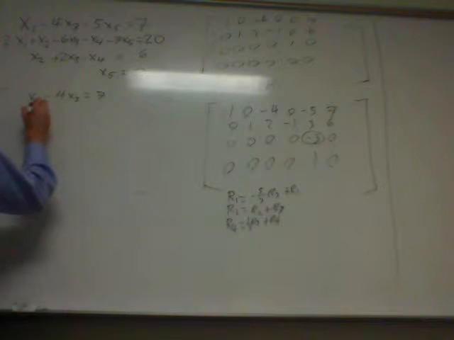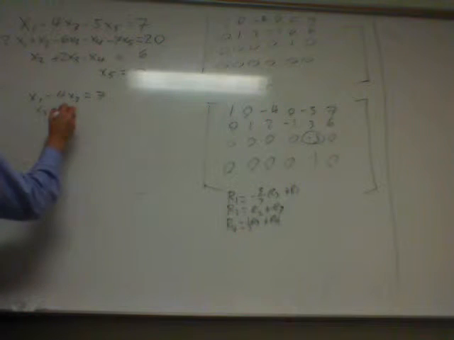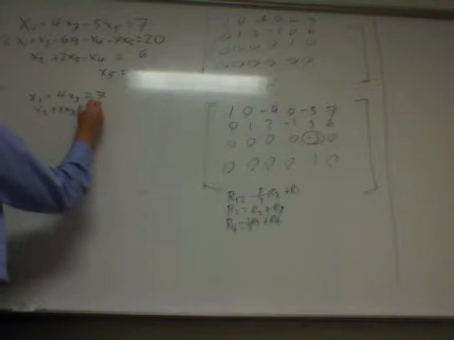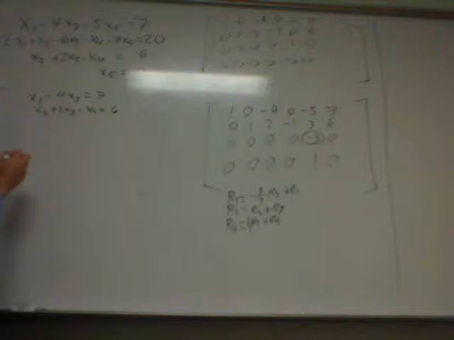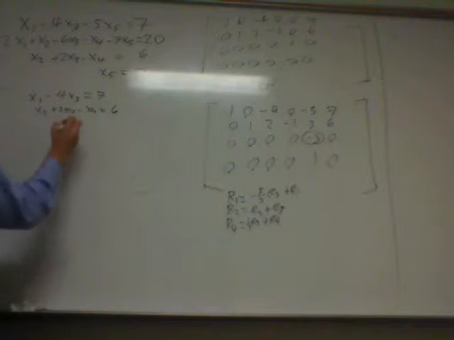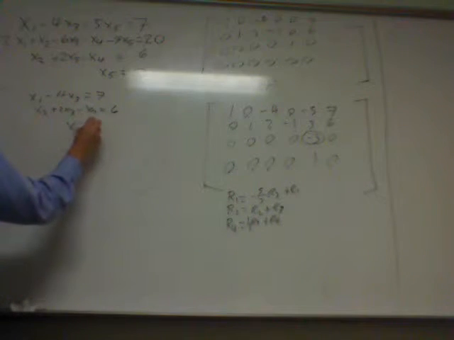Then it's x2 plus 2x3 minus x4 equals 6. And x5 equals 0.